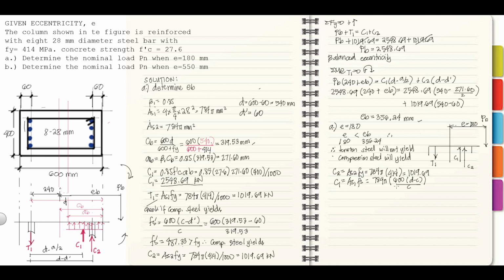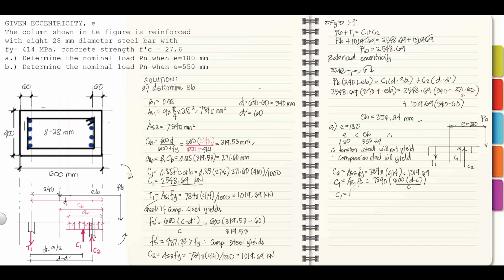Okay, so let's simplify C1. So simplify natin C1. So 784 pi times natin na 600. So that is 784 pi. So lagyan natin.